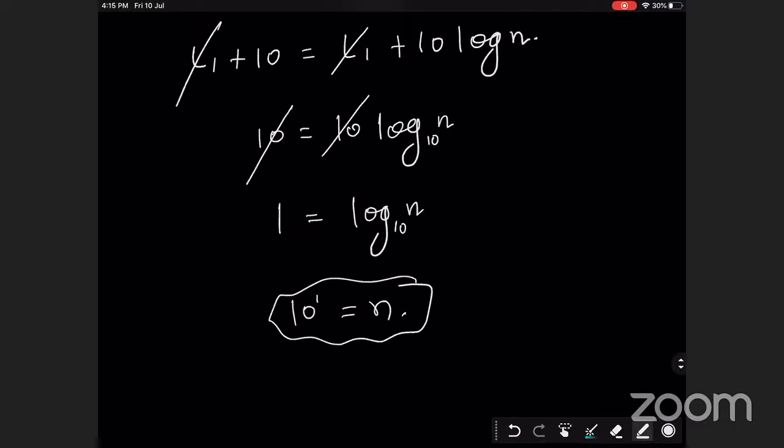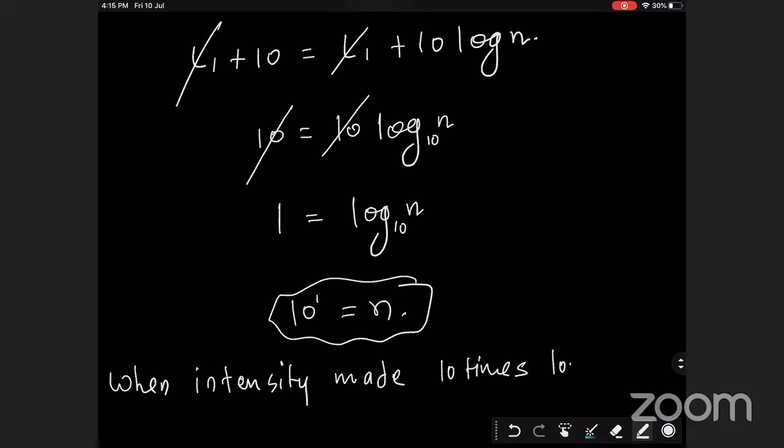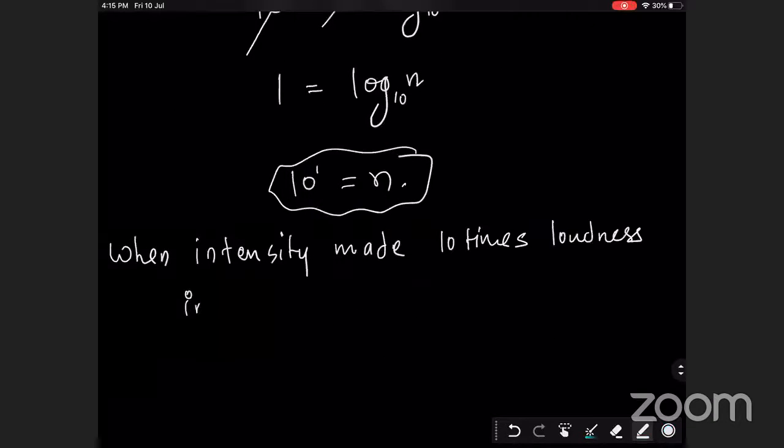If you don't know basic log, please watch lecture of Neeraj sir. Basic log, already it is there in YouTube. So we got value of n as 10, means intensity, means when intensity made 10 times, loudness increases by 10 decibel. समझ आया बच्चों?